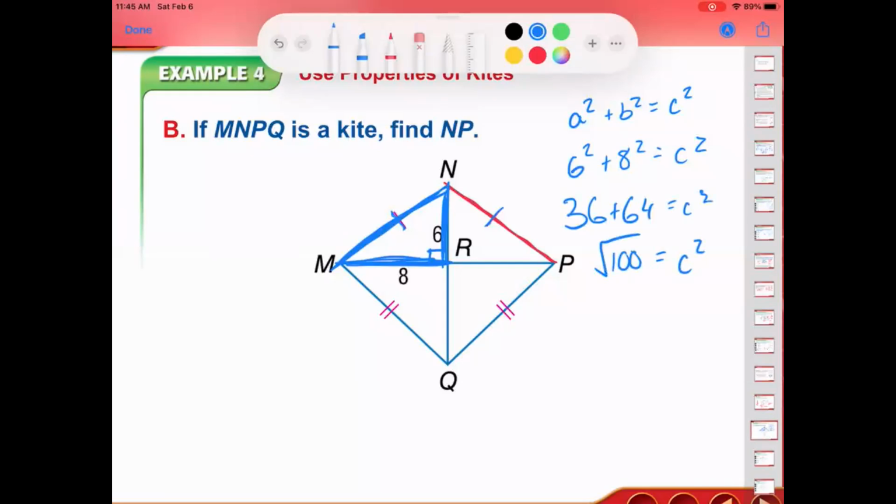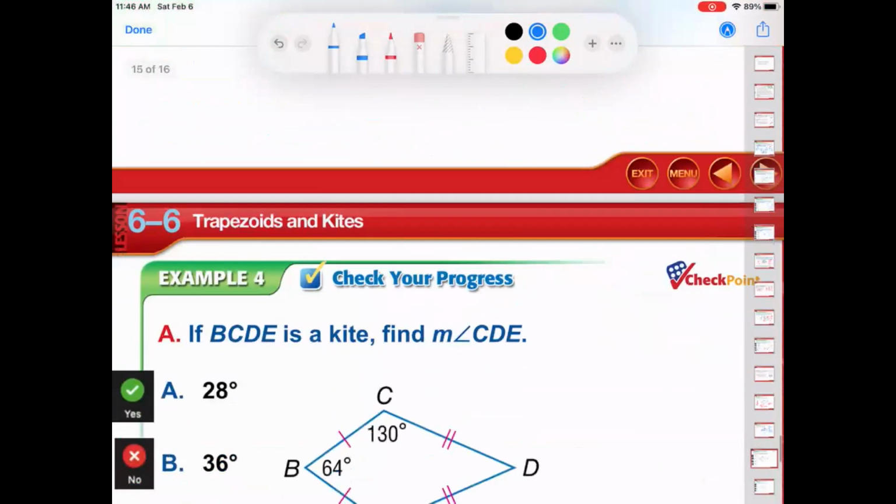We take the square root of both sides and we end up with c equals 10. So that side is 10, which means this side is also 10, which is delightful. So NP is 10. Yay.